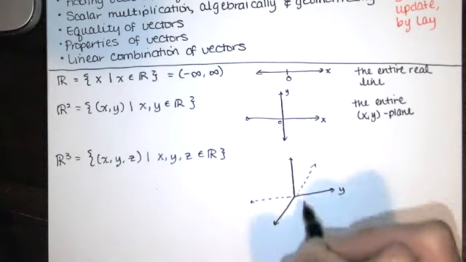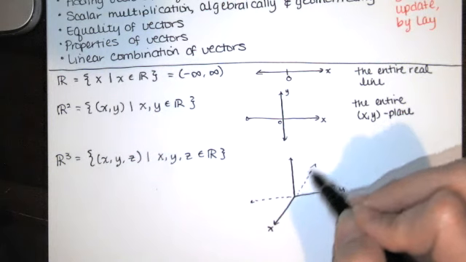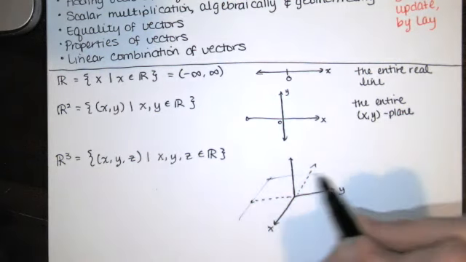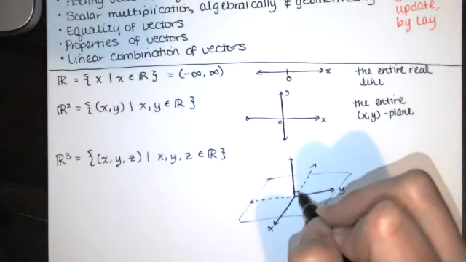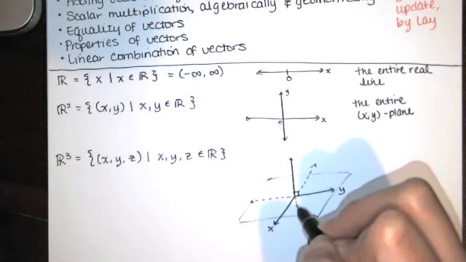So I've got my positive y-axis over here, my positive x-axis over here, my negative x-axis is going back, and my negative y-axis is going that way. This is forming a plane. Then perpendicular to that plane, I want to add a z-axis.